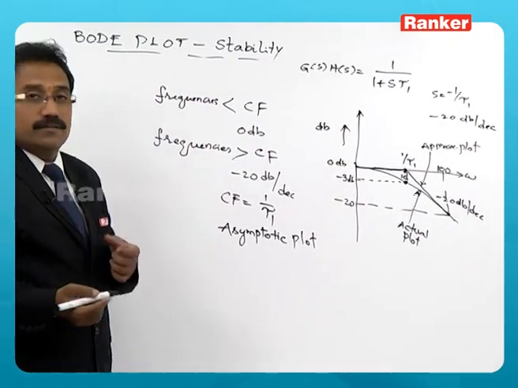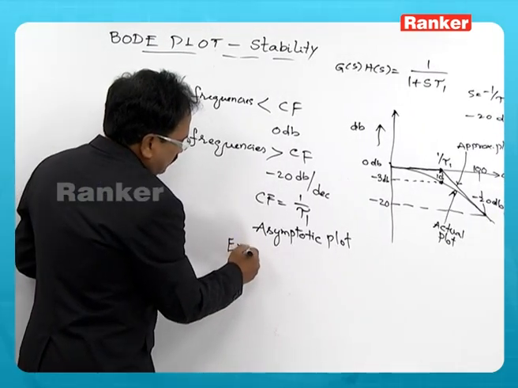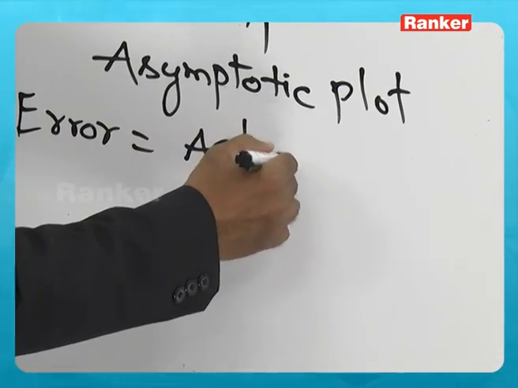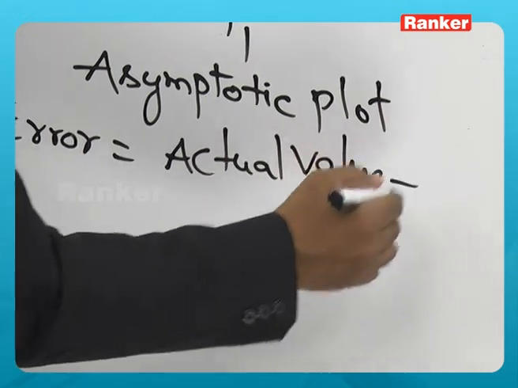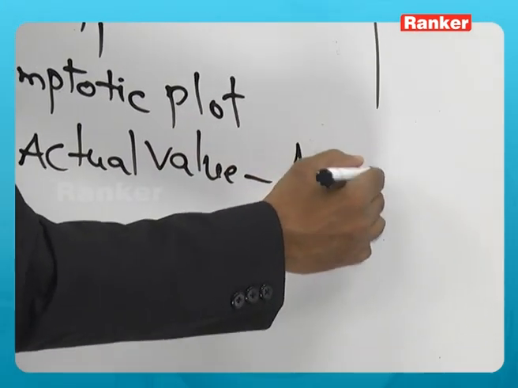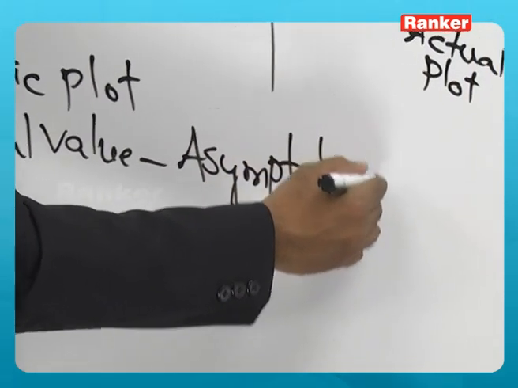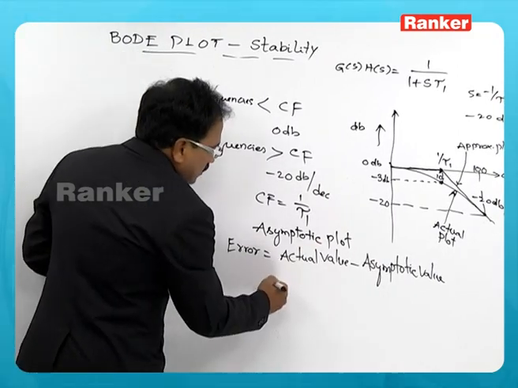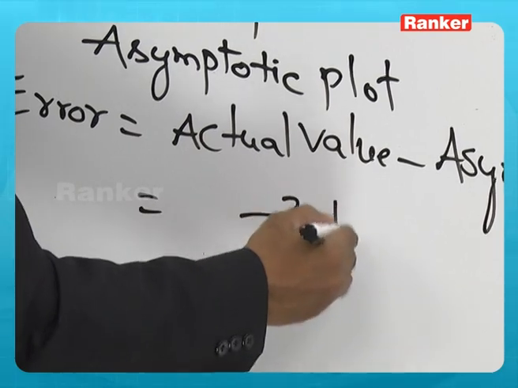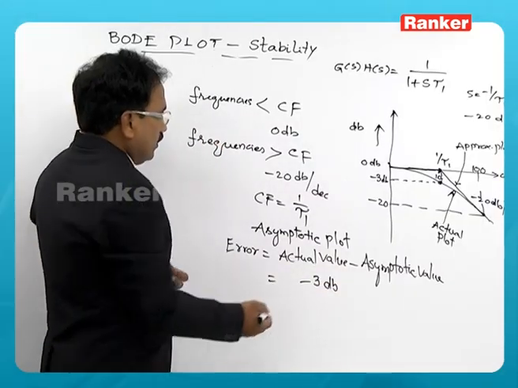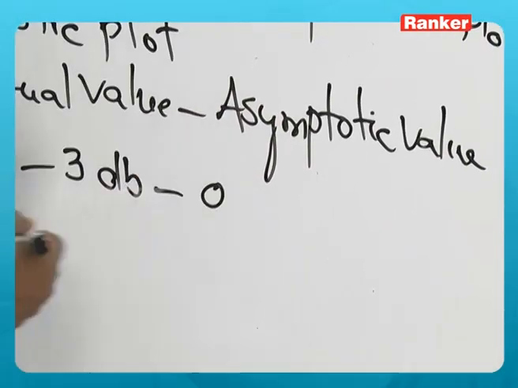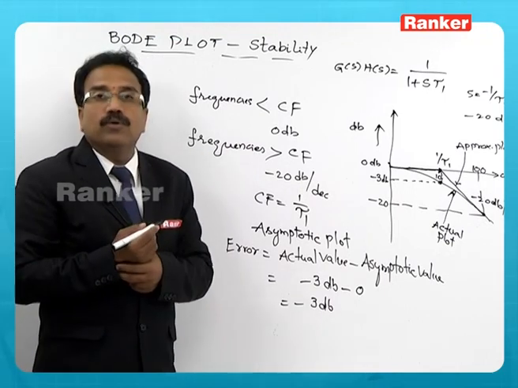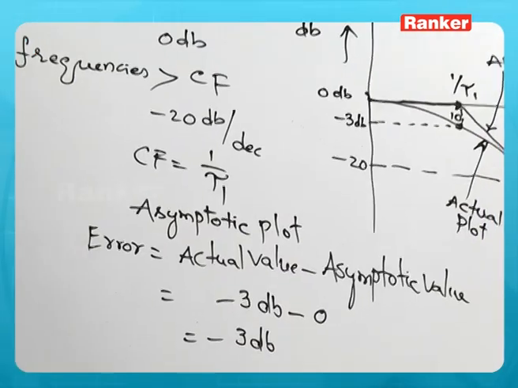So, the error magnitude is given by the actual value minus the asymptotic value. In this case it is minus 3 dB actual value, and this is 0. So, minus 3 dB will be the error if it is a pole located at a non-zero location.